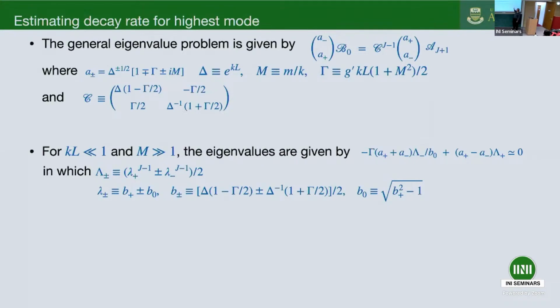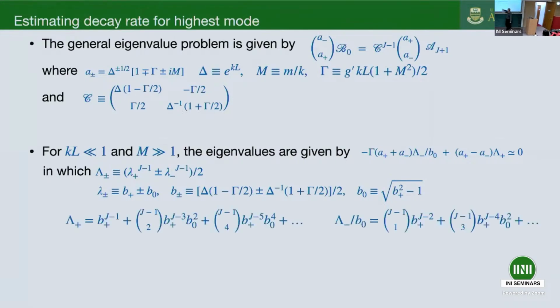And if it's really small, these capital gammas, once you put in there, you can rewrite the capital gamma as effectively a binomial in B plus and B0 with all these coefficients. But B0 is small, so I don't care about the higher order stuff. I just need to grab the leading order terms here.